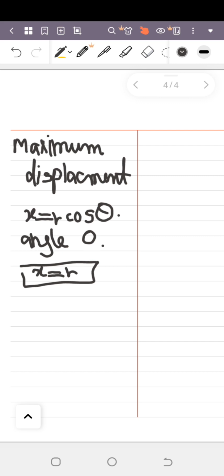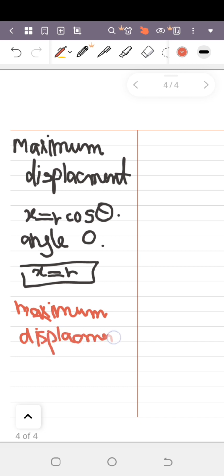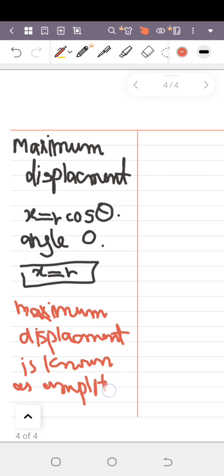And you can see the maximum displacement is also known as amplitude. Maximum displacement is known as amplitude.